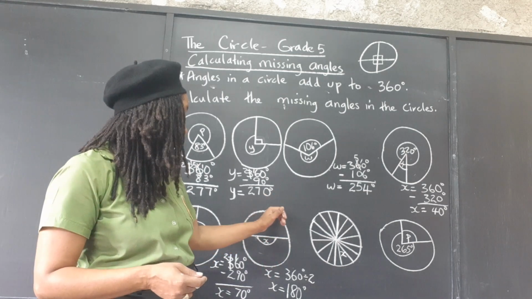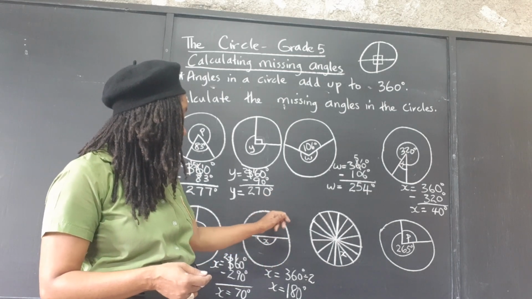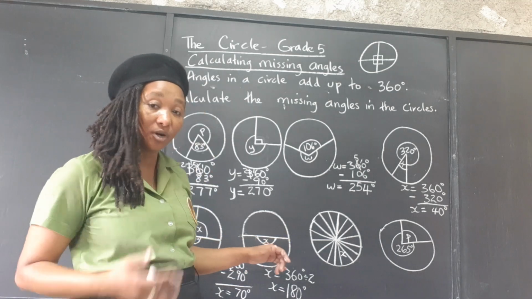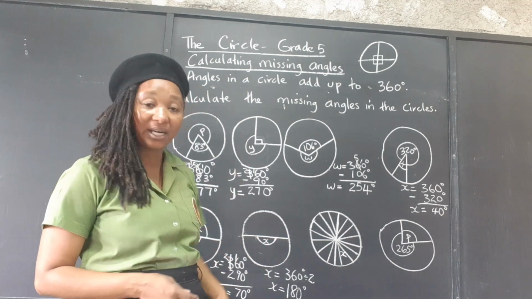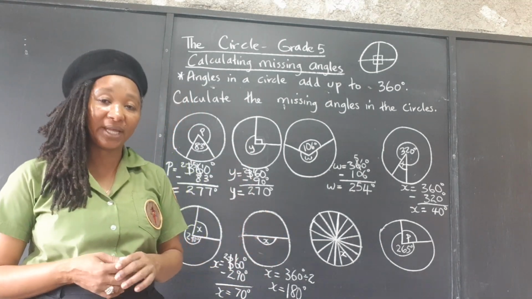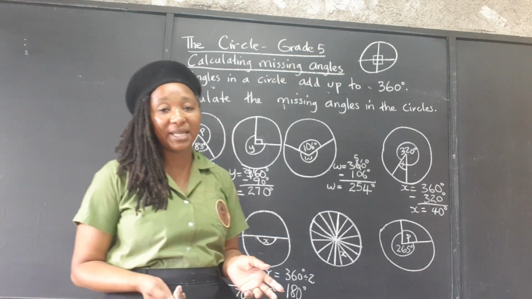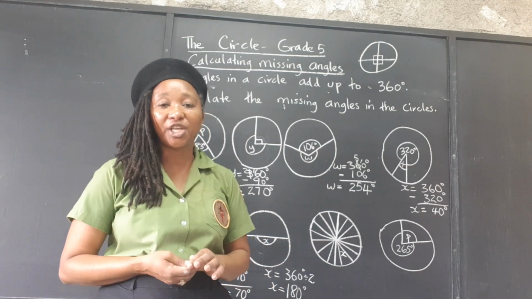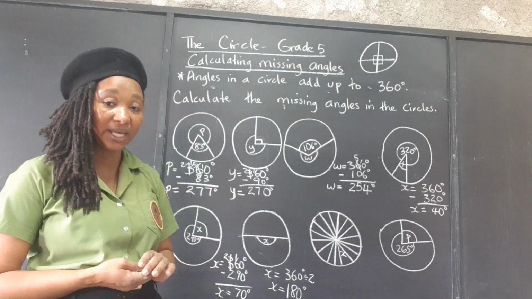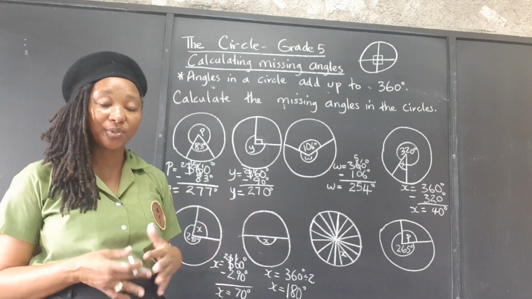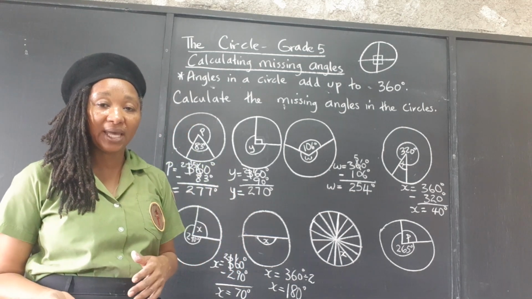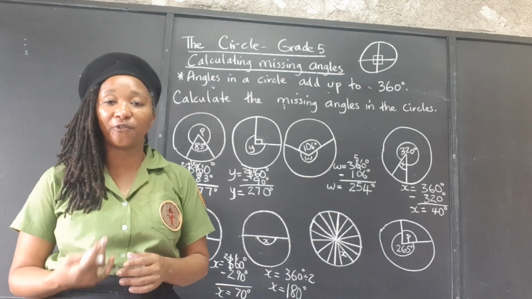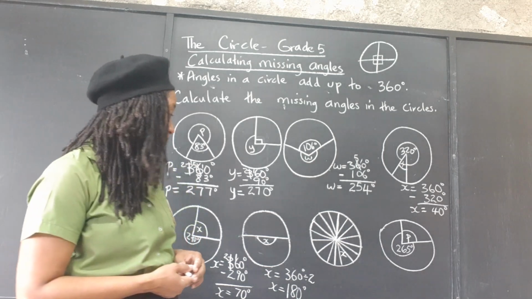Even if the diameter was drawn slant, oblique, or vertical, it doesn't matter which orientation, once it's the diameter, it's going to cut the circle into two equal parts, and each angle formed is 180 degrees. When we add them together, 180 plus 180, we get the full 360 degrees.